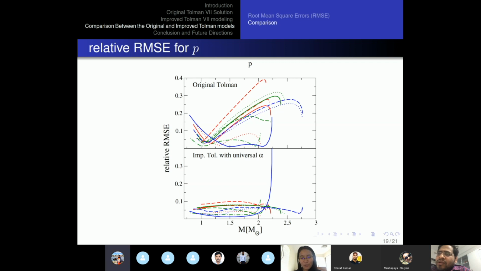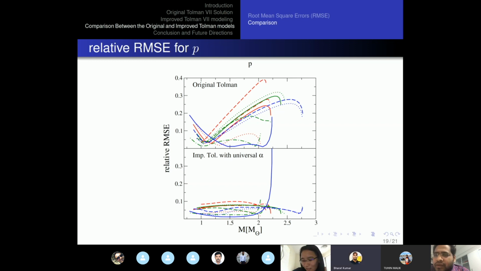I can just say that the original Tolman is very good in the lower mass regime, but I'm not very sure why it is very good in the lower mass region and very bad in the higher mass region. Actually, I don't know that story.